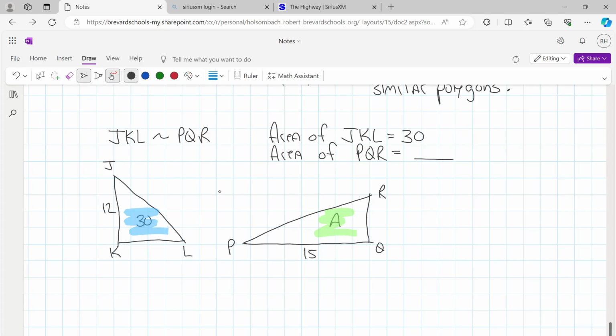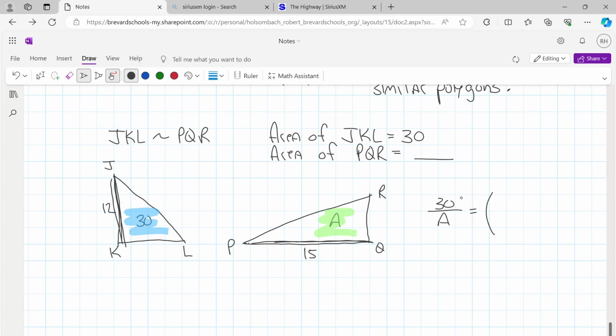Here's what I mean. If we say 30 over A, which is blue over green, area of the blue is 30 over area of the green, which is what we're trying to find, is equal to the scale factor squared. So our scale factor here is going to be this side JK over this long side PQ.